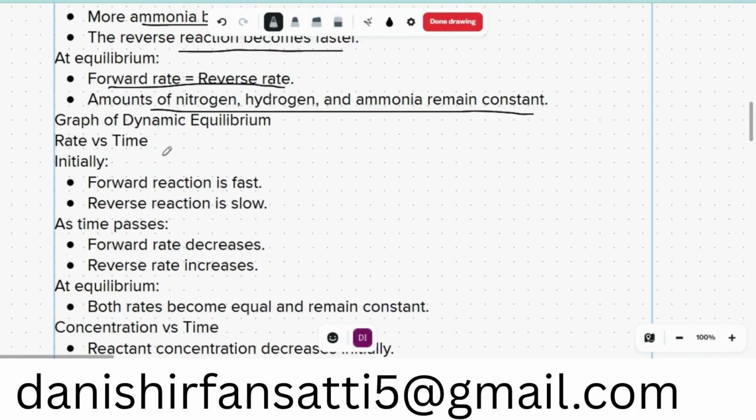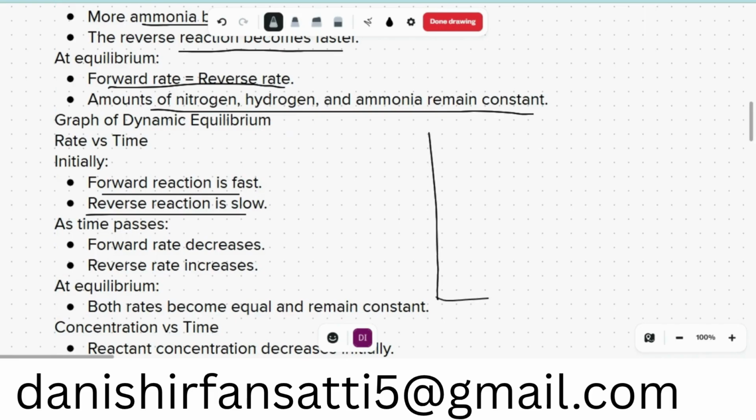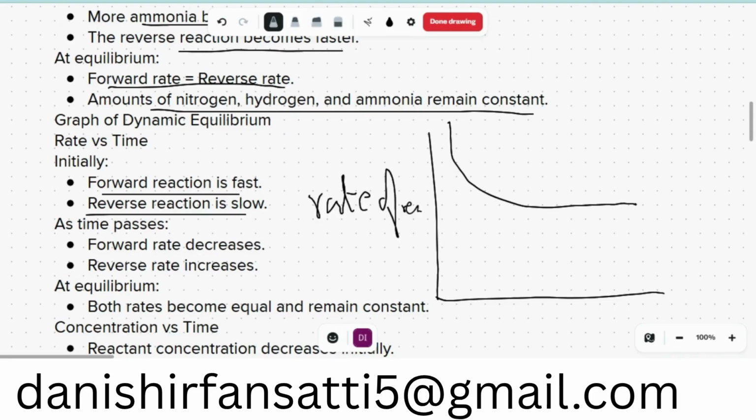Graph of dynamic equilibrium: initially the forward reaction is fast, whereas the backward reaction is slow. For example, that is the reactant. At the start, the rate of reaction will be high, and the product will also increase.